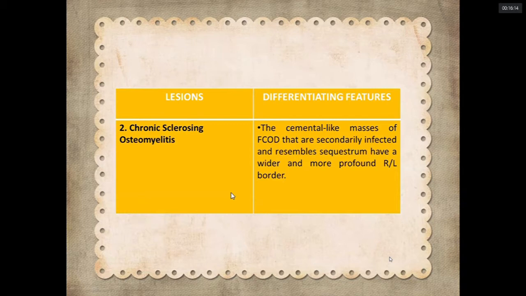Next is chronic sclerosing osteomyelitis. The cemental-like masses of florid cementoosseous dysplasia, which are secondarily infected and resemble the sequestrum, have a wider and more profound radiolucent border, which is absent in the sequestrum present in chronic sclerosing osteomyelitis.